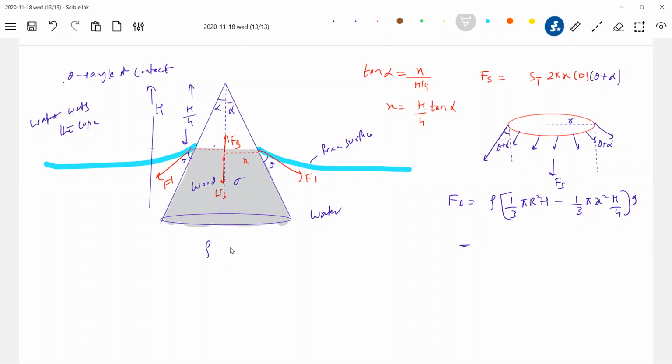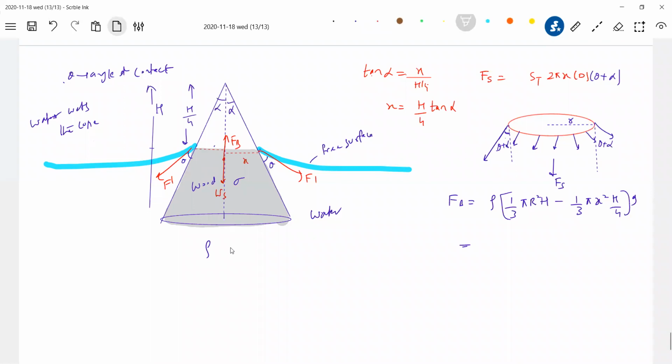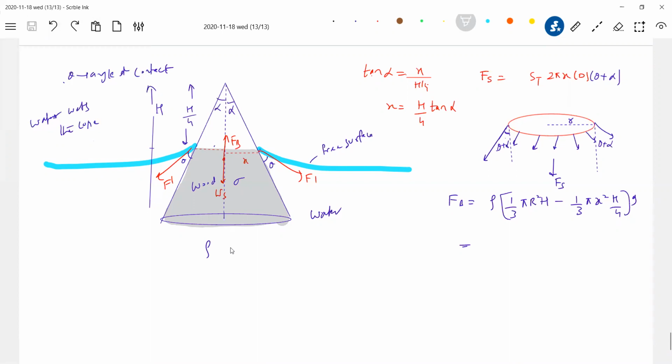But we don't know the radius, no? So from where are we bringing the radius? What is the radius? This radius we have assumed. So actually, what is it again? Tan alpha.